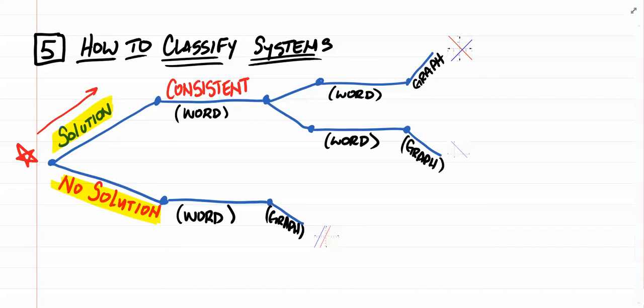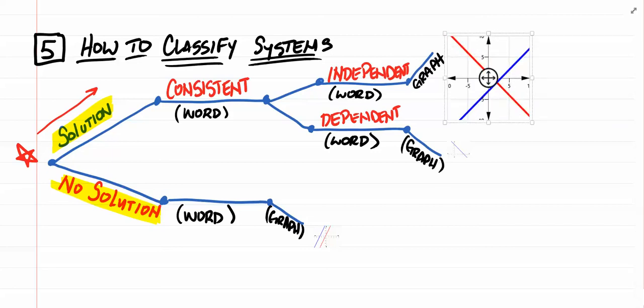Now, there are 2 different words that we can use to describe consistent. It can either be independent or it can be dependent. So again, if a system has a solution, the word that we say is consistent. If it's consistent, it can be either independent or dependent. The independent graph looks like this.